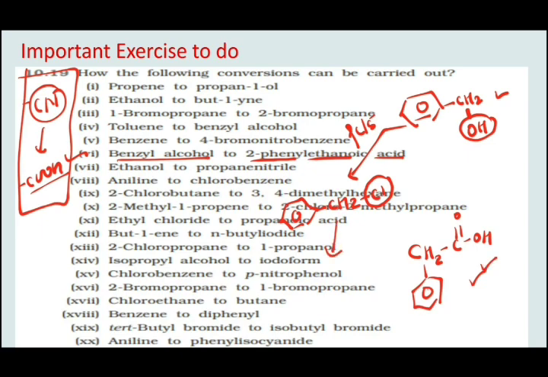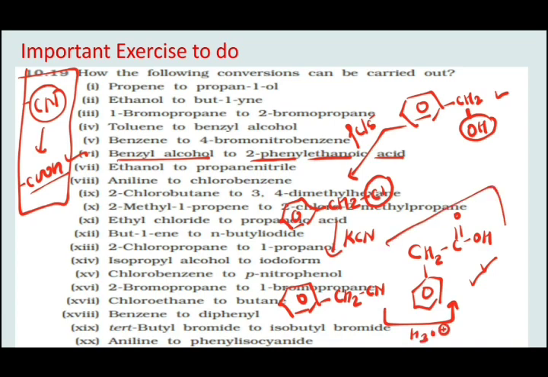What we can take between KCN and AgCN, which one gives cyano compound? KCN gives cyano compound, AgCN gives isocyanates. Okay, so here we will get CH2CN, and after hydrolysis we will get the desired product, which is 2-phenyl ethanoic acid.